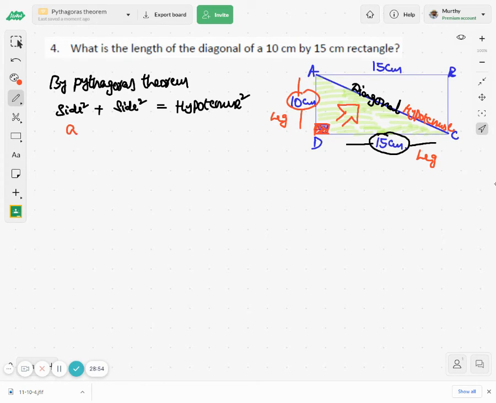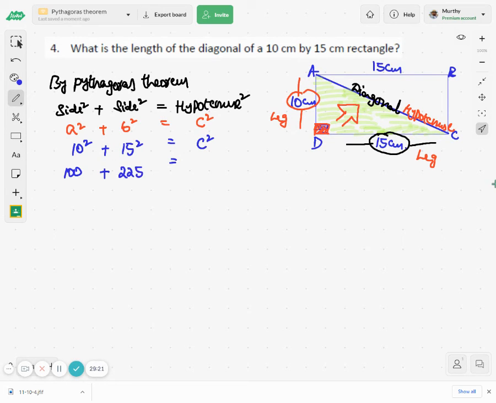So A square, that is side square, B square, that is side square, hypotenuse is C square. Now let me plug in the values. This is 10 square, this is 15 square, and hypotenuse is not known. So 10 square, simple, 10 times 10, it is not 10 times 2. 15 square, it is not 15 times 2, it is 15 times 15.